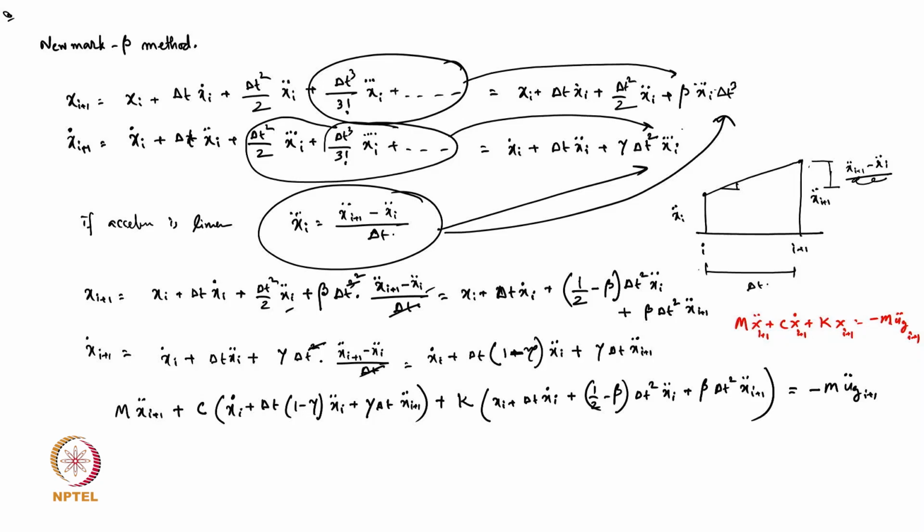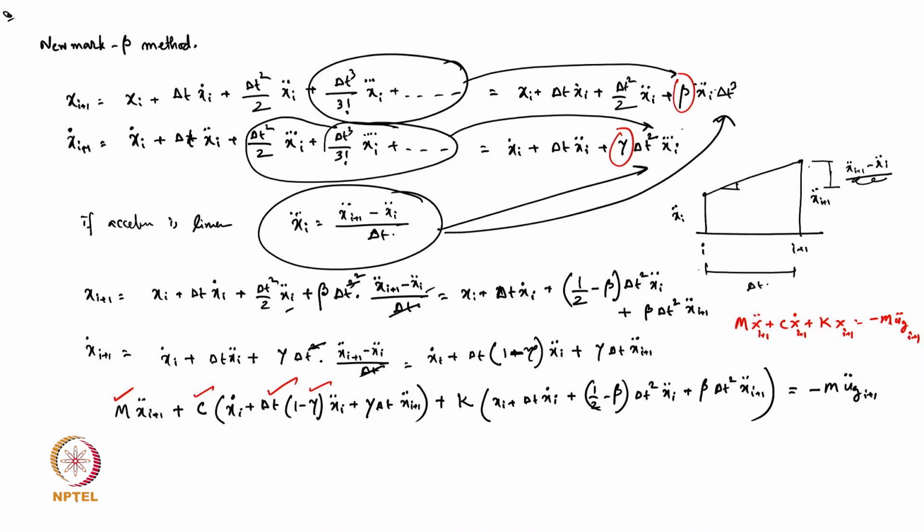Nice. So then, what is known, what is unknown? Let's have a tally of that. m known, obviously known. c known. Delta t known. Gamma and beta, you may think whether they are known or unknown, because these parameters come here and here.